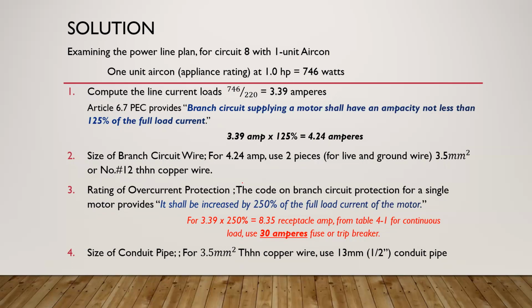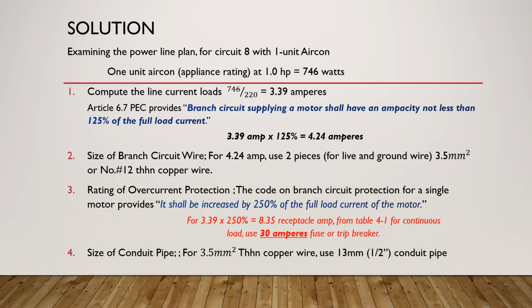And then, we get our fuse rating. Our 3.39 current load, we multiply by 2.5. So we have 3.35 receptacle amperes. So for continuous load, we will again use a 30 amperes fuse or trip breaker.